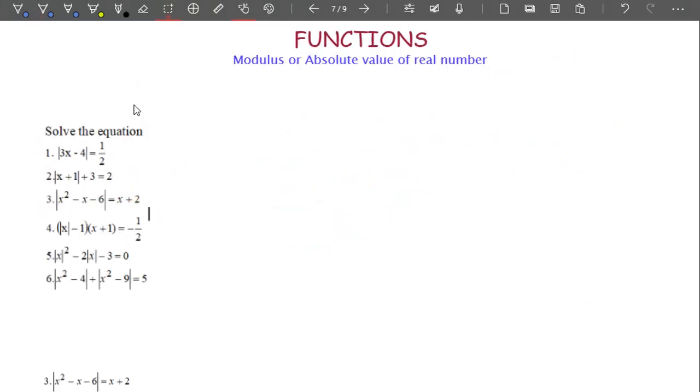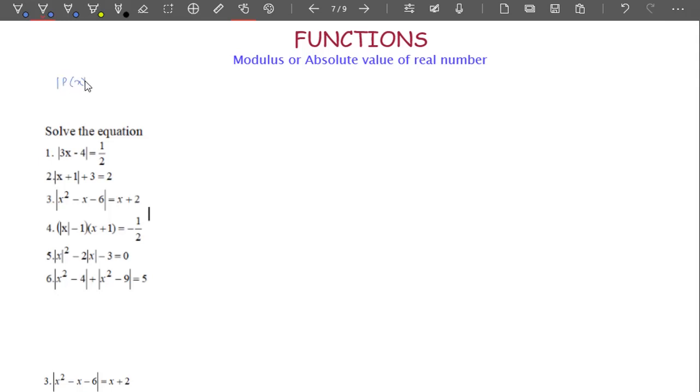After we get the fundamental knowledge of the modulus function, now we can solve some problems related to it. Before solving, we want to generalize the definition of modulus once again.